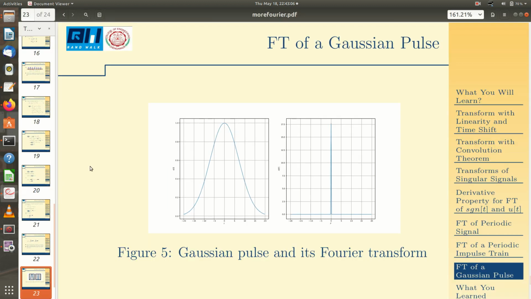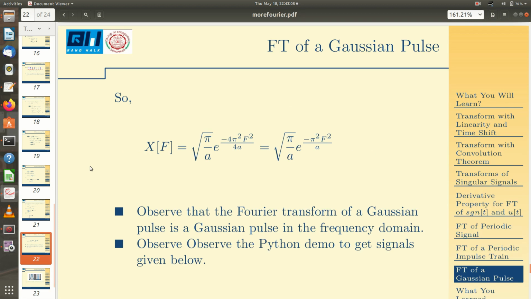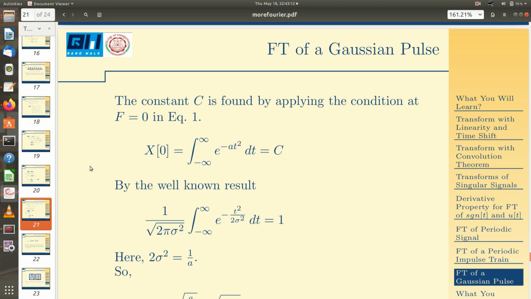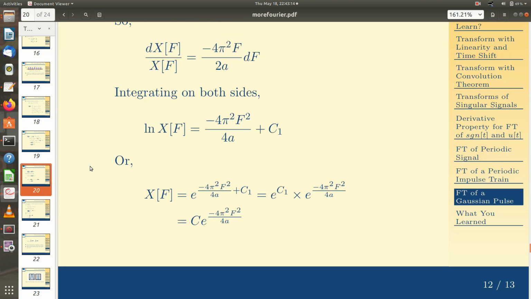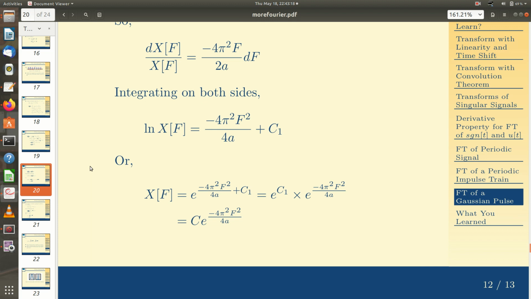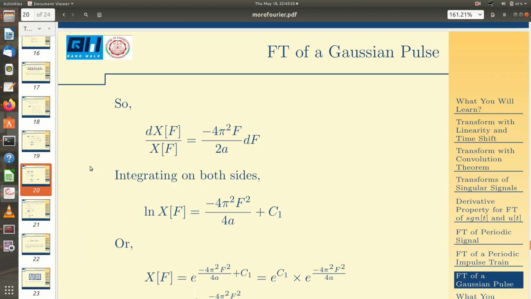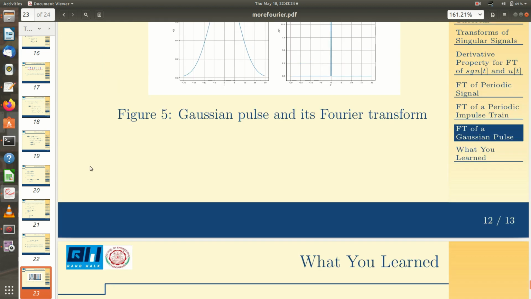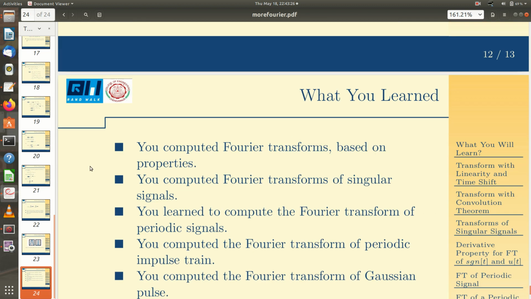Did I make any mistake? Yes, it should be 4 pi square f square. Okay, that is how the Fourier transform of a Gaussian pulse looks.